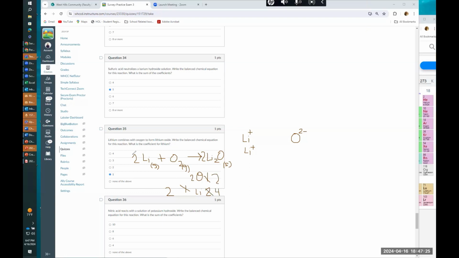So then I need to put a 4 here. So we'll erase that and put it in. So what is the coefficient for lithium? 4. Okay.